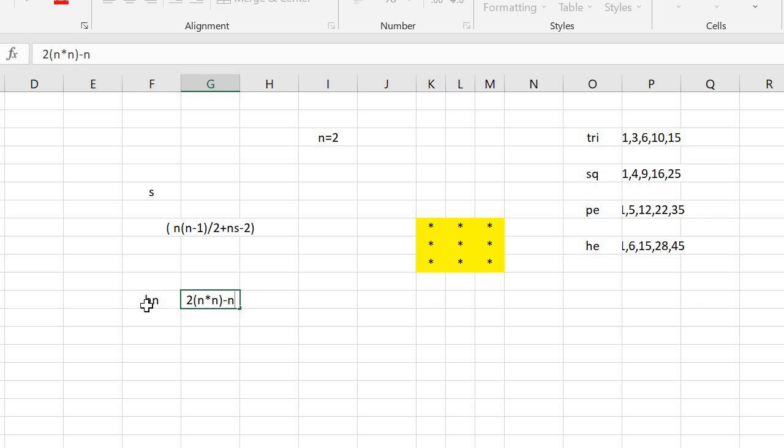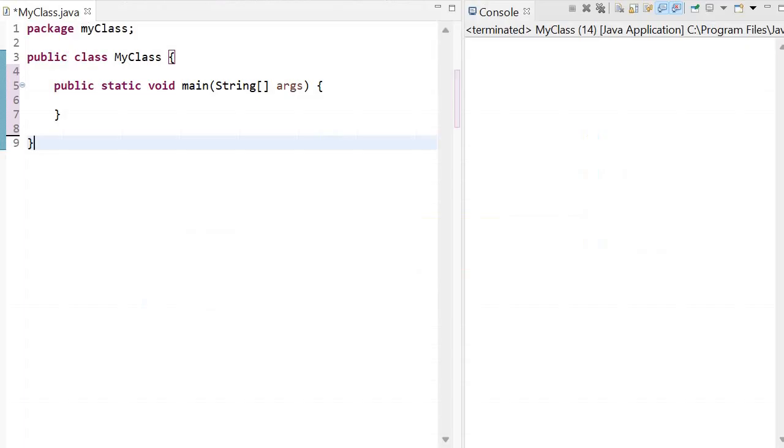So this is how we get the hexagonal number. Hope you guys understand the logical part. Now let us move on to the coding section.